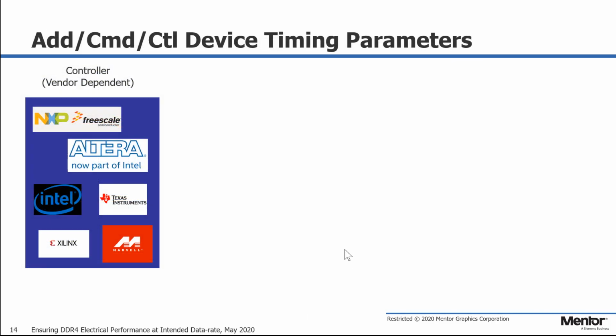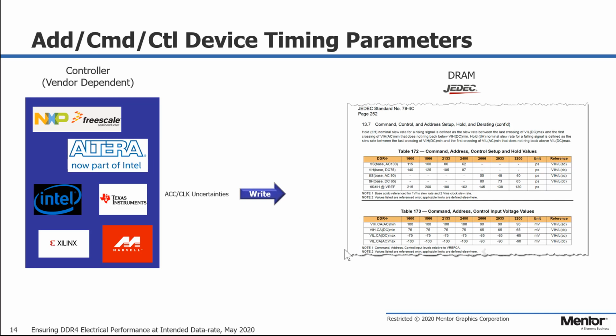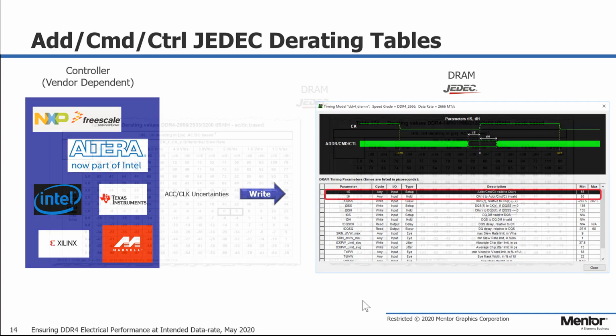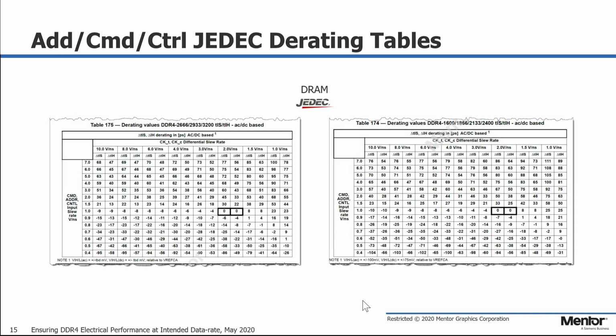For the address signals, again, we need the uncertainties at the controller, but JEDEC provides the setup and hold requirements at the DRAM. HyperLynx provides the JEDEC timing requirements as we do with the data nets. For the ADDR/CMD signals, you will want to understand how the slew rate derating factor affects your margins. When any memory vendor defines the setup and hold times for their component, they use an input signal that has a 1.0 volt per nanosecond input slew rate.